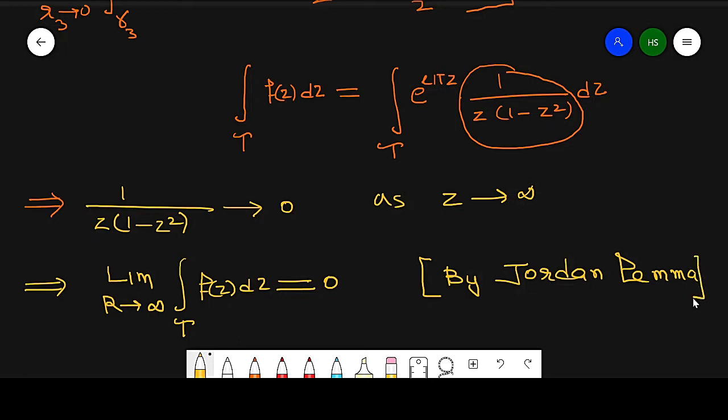Now in equation number 1, we find the integration of this value.